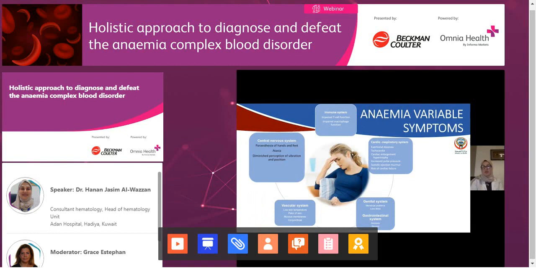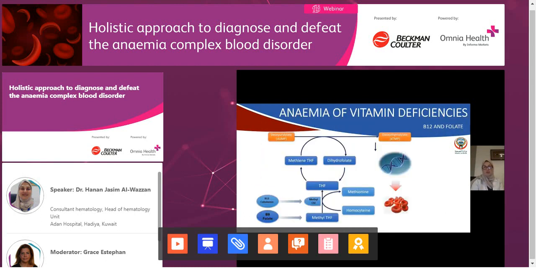The symptoms are similar to the general symptoms of anemia, in addition to specific symptoms of paresthesia of both hands and feet, ataxia, which in severe deficiency may be irreversible, in addition to a diminished perception of vibration and position sense.